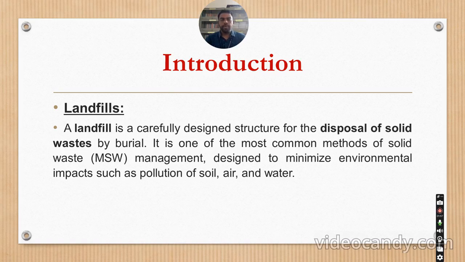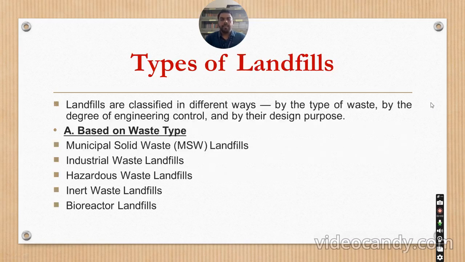The basic method of disposal is the landfill. Some types are involved in landfills, and these types are basically used nowadays. These types of landfills are very useful and very economical for practical purposes.